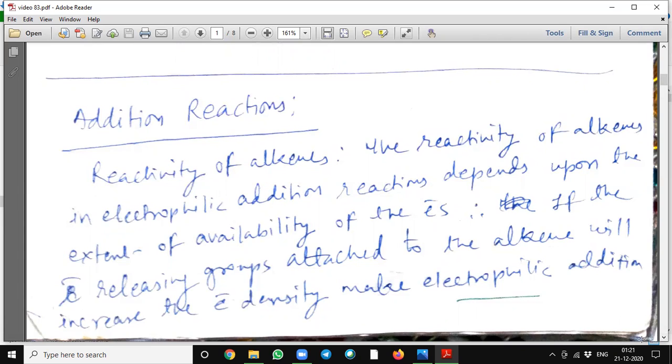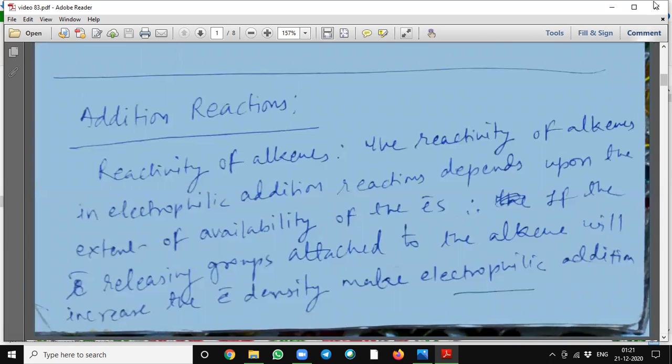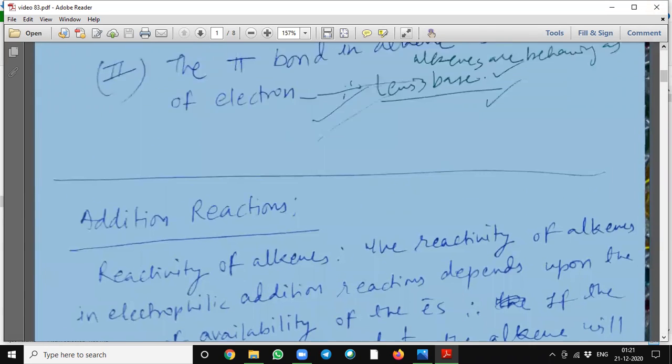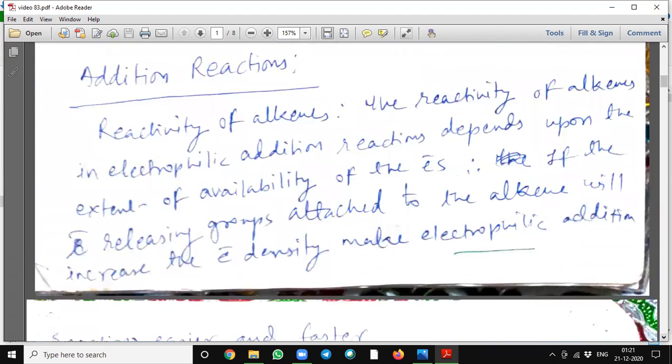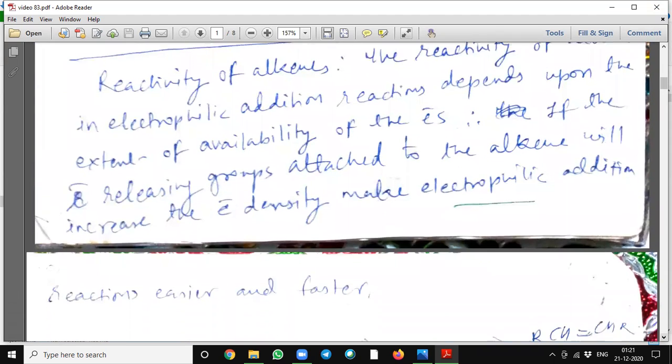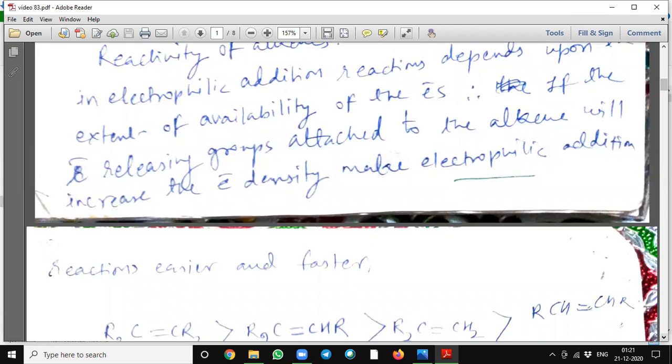Reactivity of alkenes. The reactivity of alkenes in electrophilic addition reaction depends upon the extent of availability of the electrons.